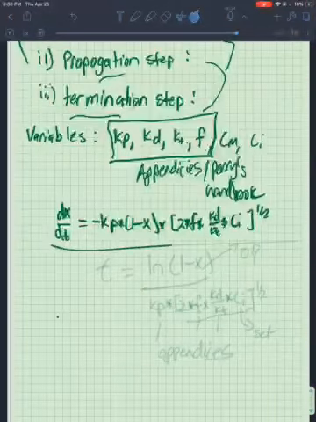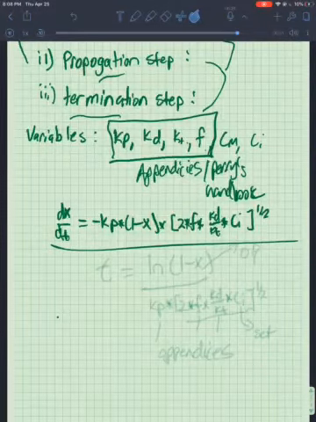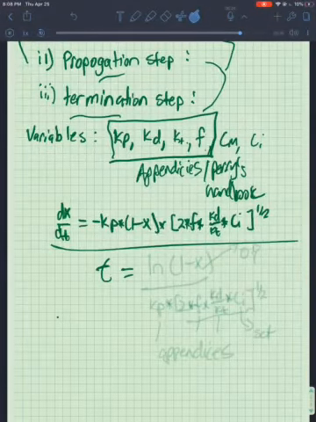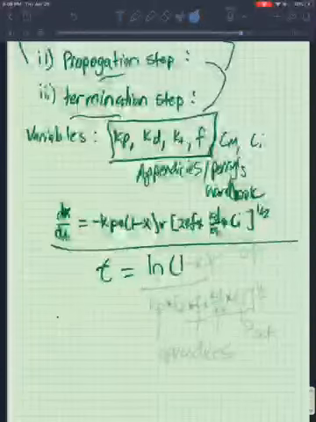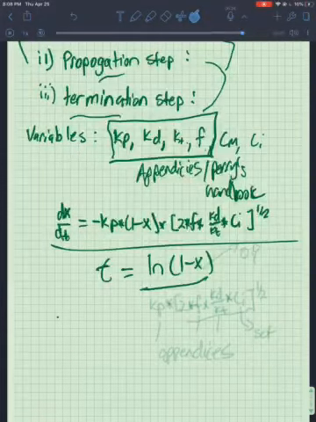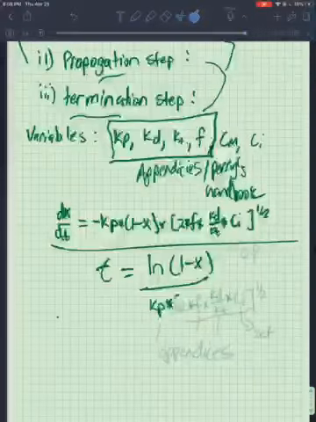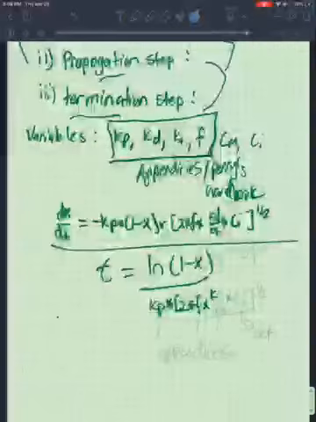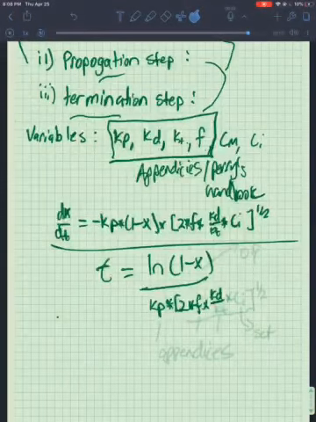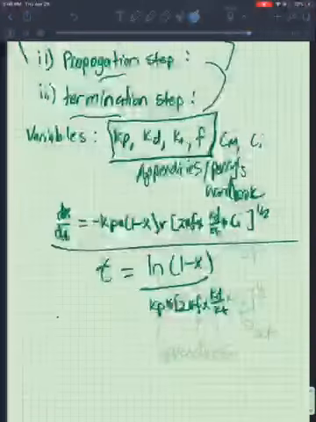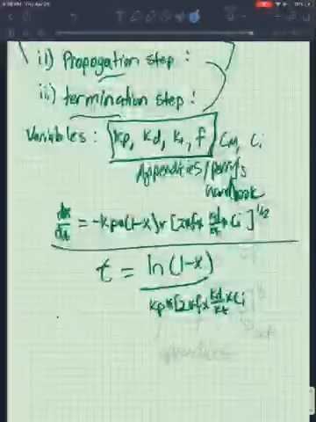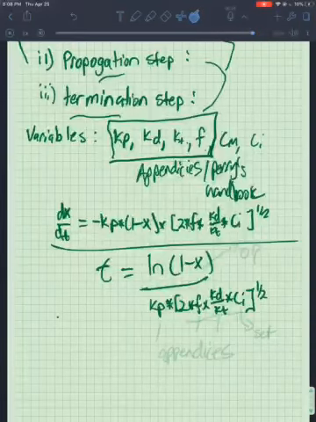We can now solve this analytically and come up with a solution that gives the time equal to natural log of 1 minus x divided by Kp multiplied by 2 times F times Kd divided by Kt times Ci, and all of that raised to the 1/2.